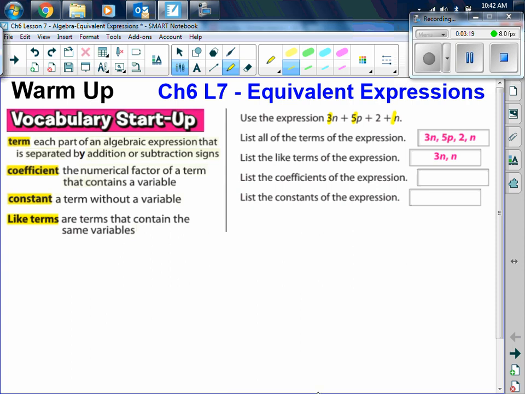The 1 that is in front of the n is also a coefficient. So that's 3, 5, and 1. And now we want to list the constants of the expression. Remember, the constants are just the number. So here, the constant is 2.